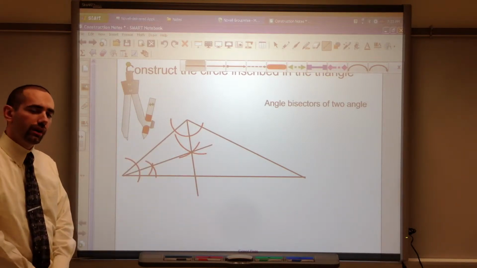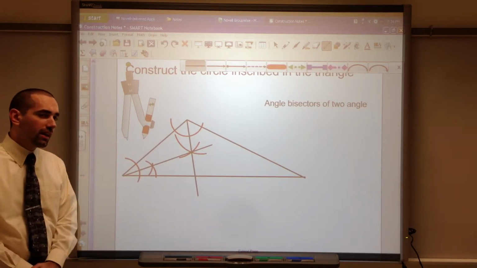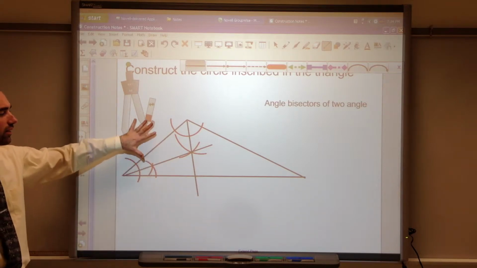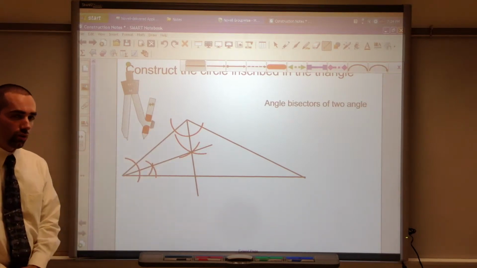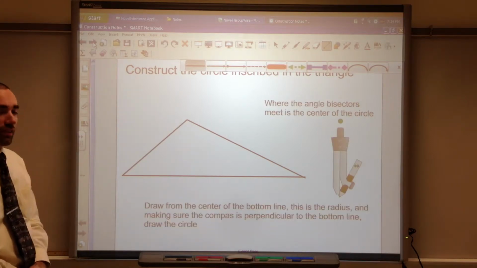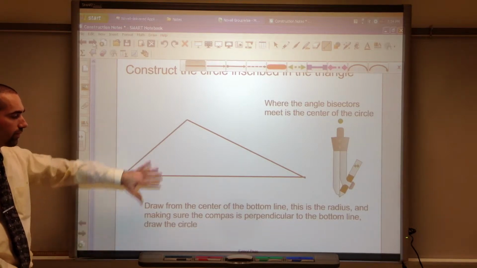And there's where my two angle bisectors intersect. Now, what I made here by doing this is I created the center of my circle. So my next step is where my angle bisectors meet is the center of the circle.